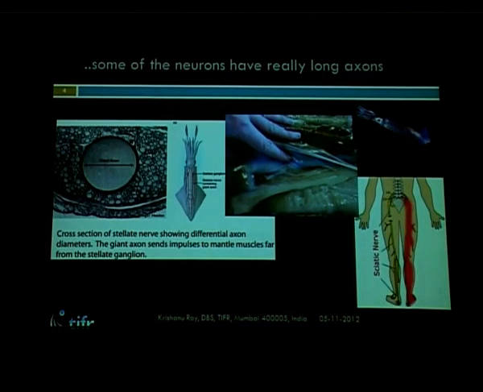Axons come in a variety. There are lots of different types of axons in the body. The most prominent one is the squid giant axon, which is several millimeters wide and runs several centimeters along the body of the squid, which you can actually see. It's a really visible axon. Whereas others, like the sciatic nerve, are also quite big and run several meters long.